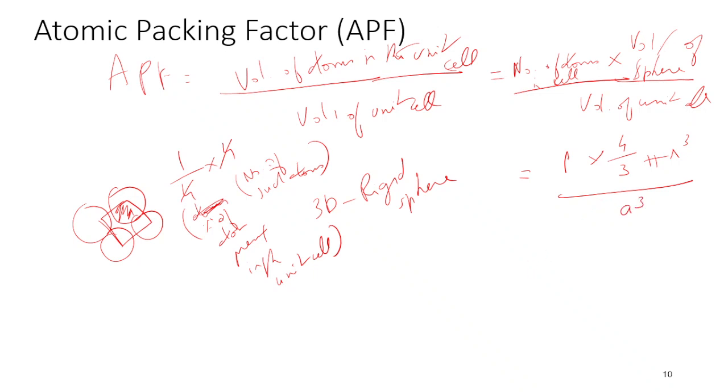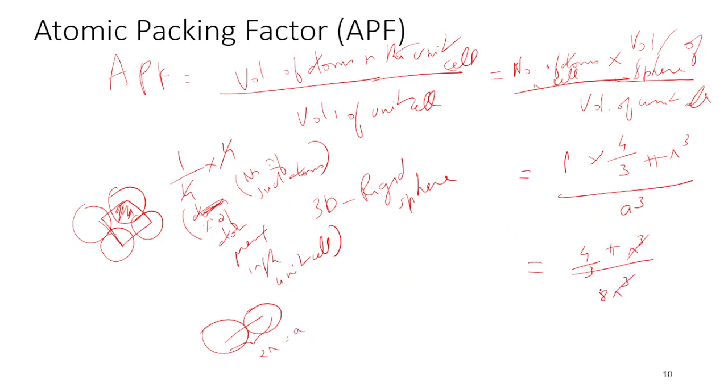So what will be our final answer if we substitute all this? Here a is nothing but 2r. So we substitute: 2r cubed means 8 r cubed, and then 4/3 pi r cubed over 8 r cubed.